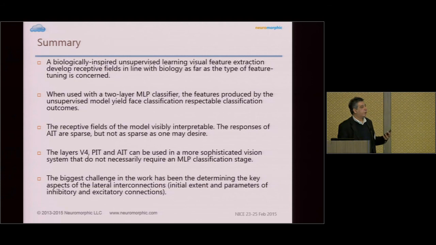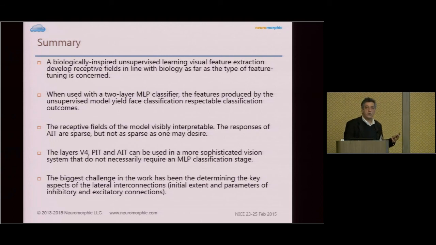And if you want to do labeling, we used a two-layer multi-layer perceptron, but the intention is to go beyond that without having to use a multi-layer perceptron, and this is work in progress.